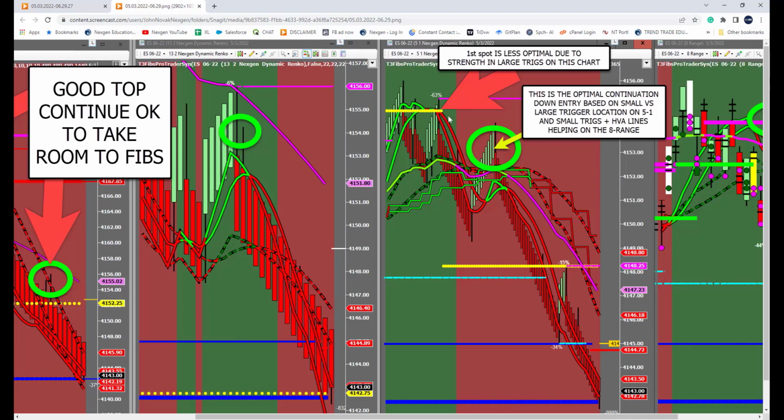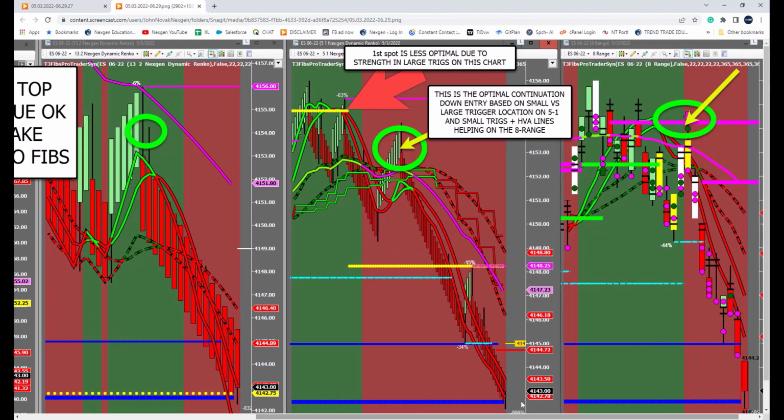You still have money at risk. But this one is a little higher probability than the one that's above all of your triggers going up. Personally, I like this one. I like 1-to-1s, or I like right at the fib. But if you use the secondary one, it's just going to be okay. And again, as long as your other charts are green, 8 range or 13 range triggers going down, that makes the trade a whole lot easier.